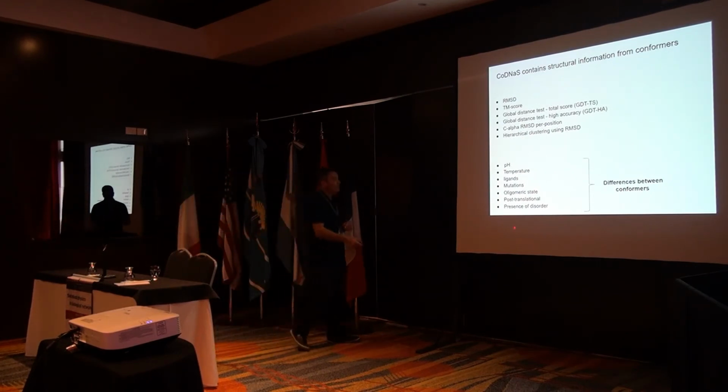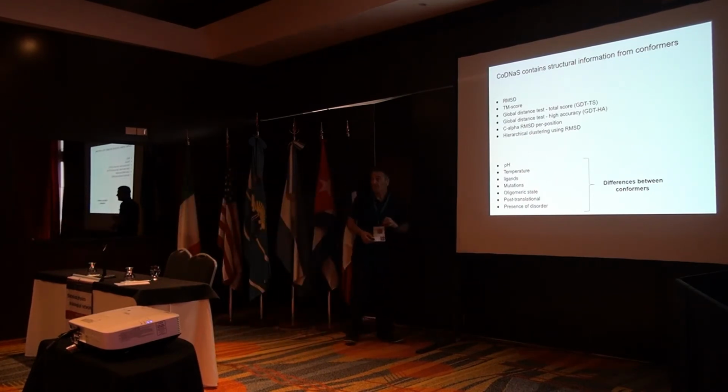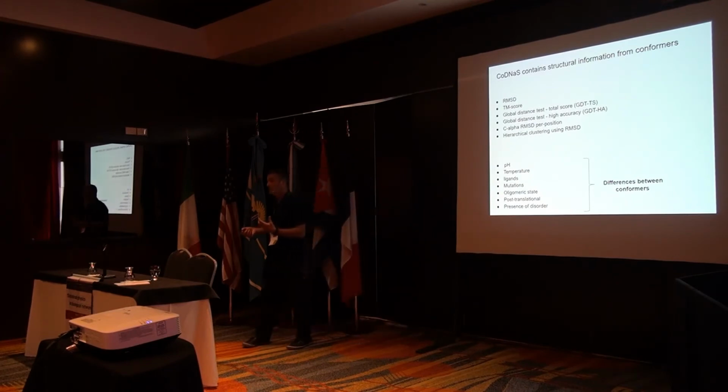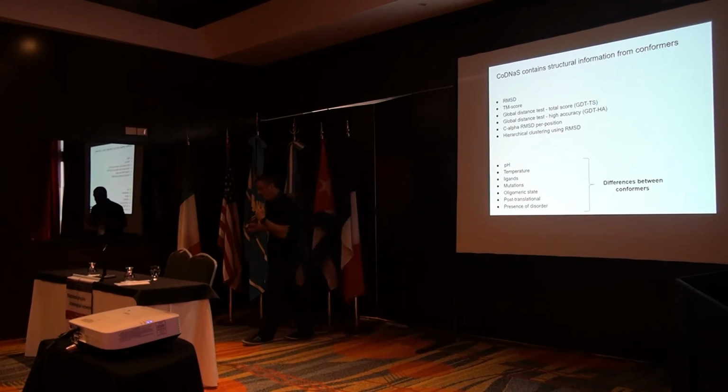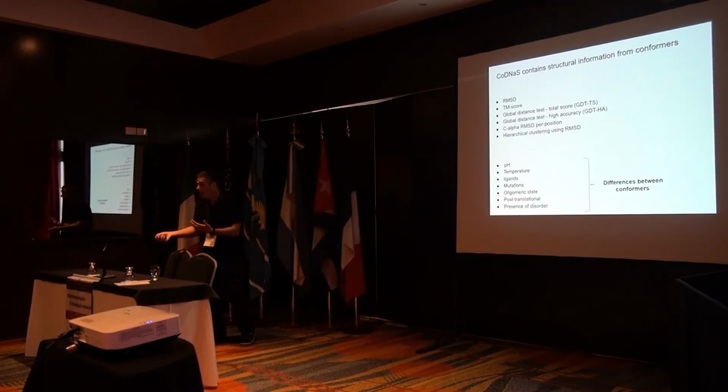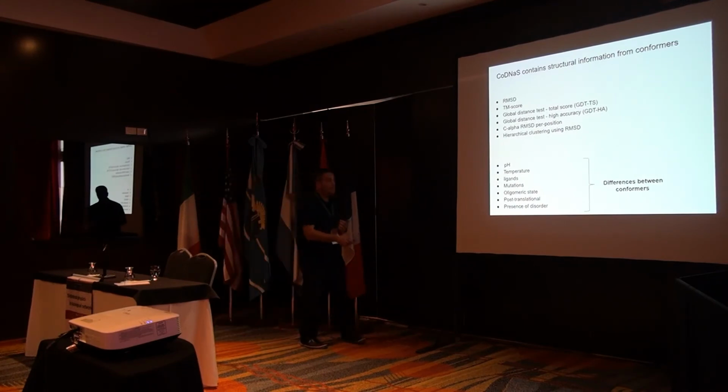But we also collect information about the crystallization conditions. So, for example, pH, temperature, presence of ligands, presence of mutations, the oligomeric state of the protein, presence of post-translational modification in one of the conformers, and so on.